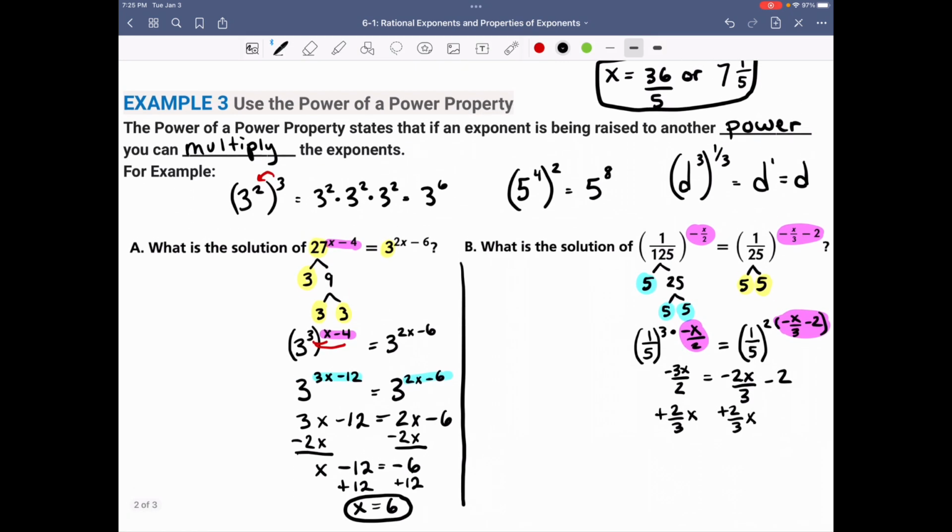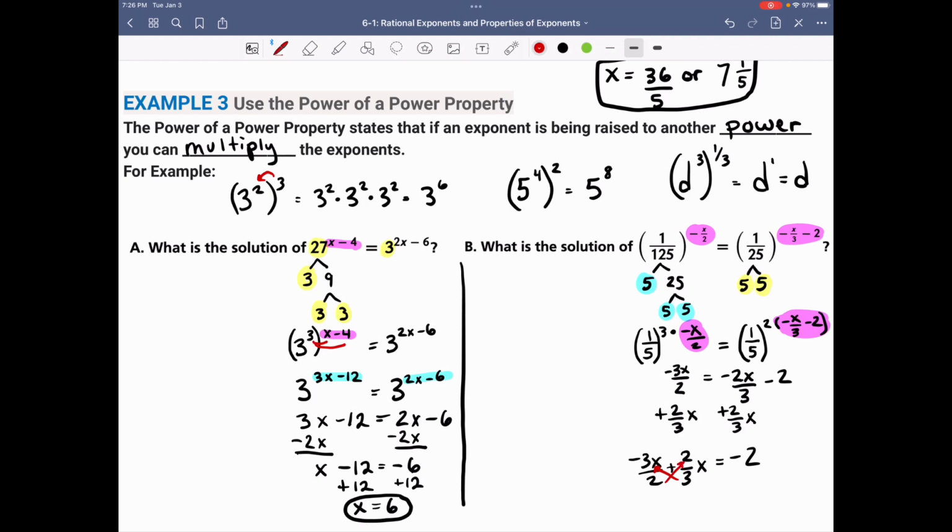Oh, we don't have a common denominator. So we're going to have negative 3x over 2 plus 2/3 x. That cancels, equals negative 2. We need a common denominator. So I'm going to use that trick where I multiply across. And I'm going to multiply this one across.